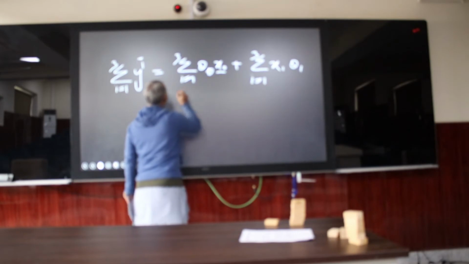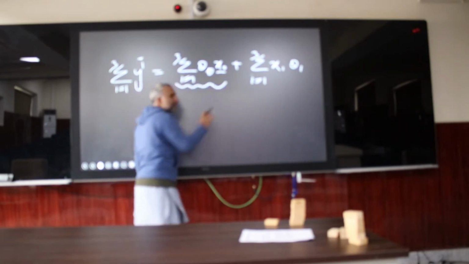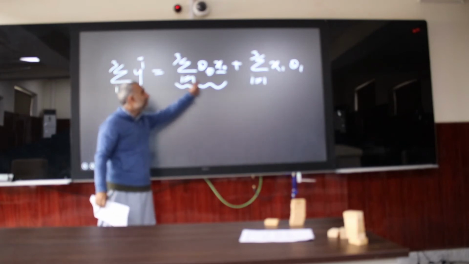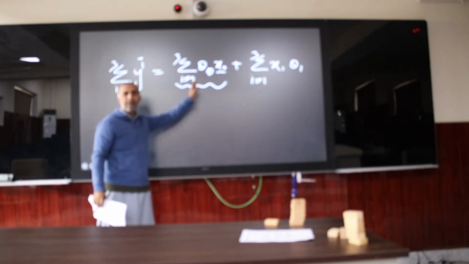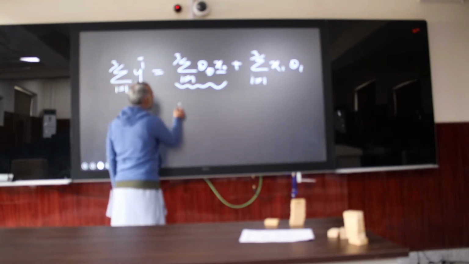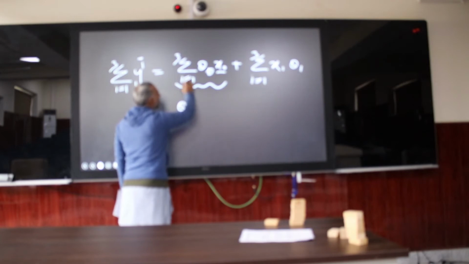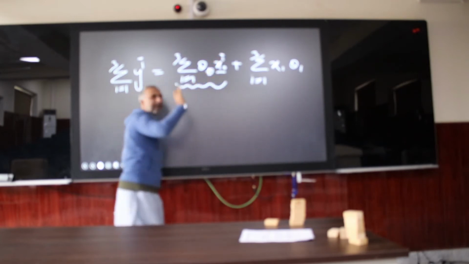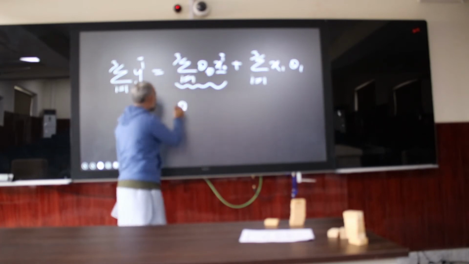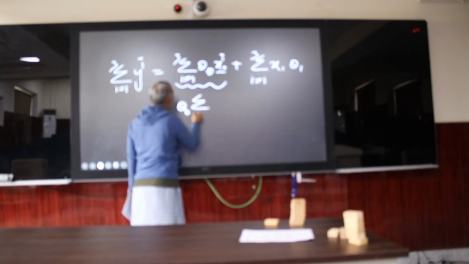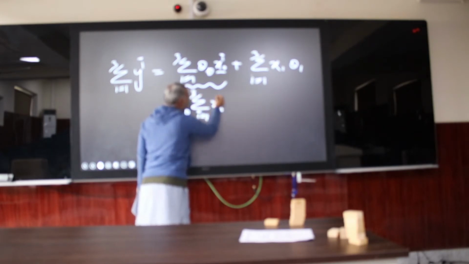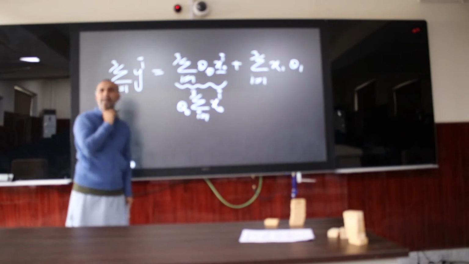Now please consider, I'm begging, for kind attention. This theta naught is an unknown parameter for us, okay. So you should consider this index. There are 3 examples for the feature values, no index for the theta, okay. So for theta naught here, you will have this. Is it clear?